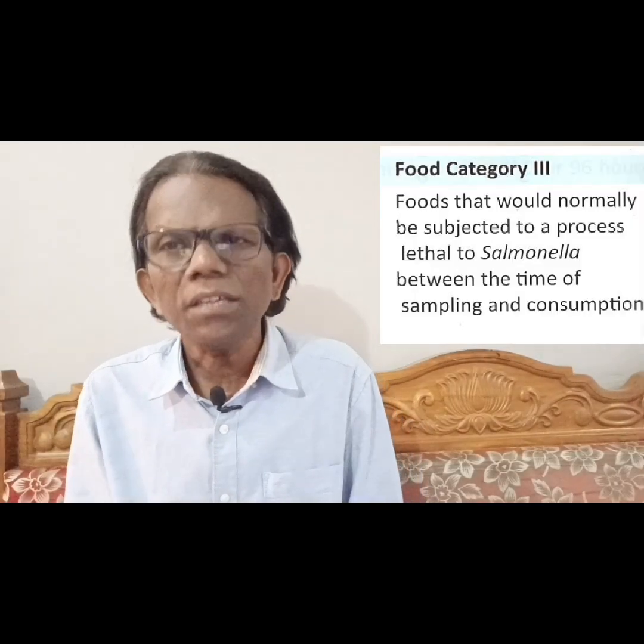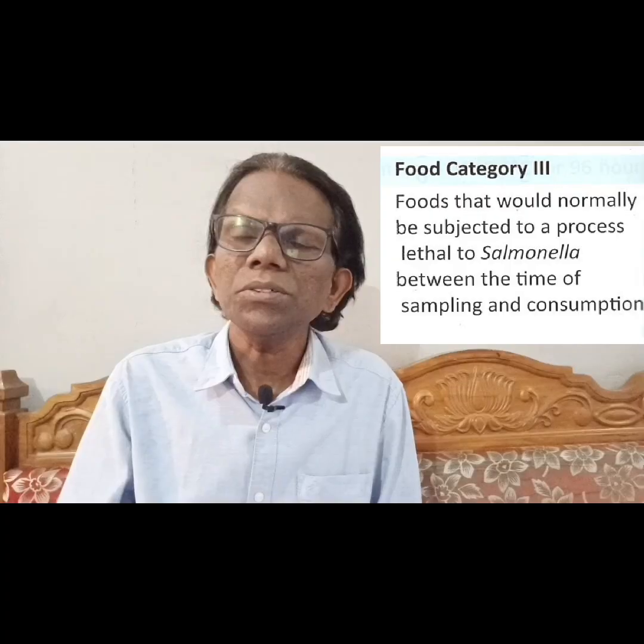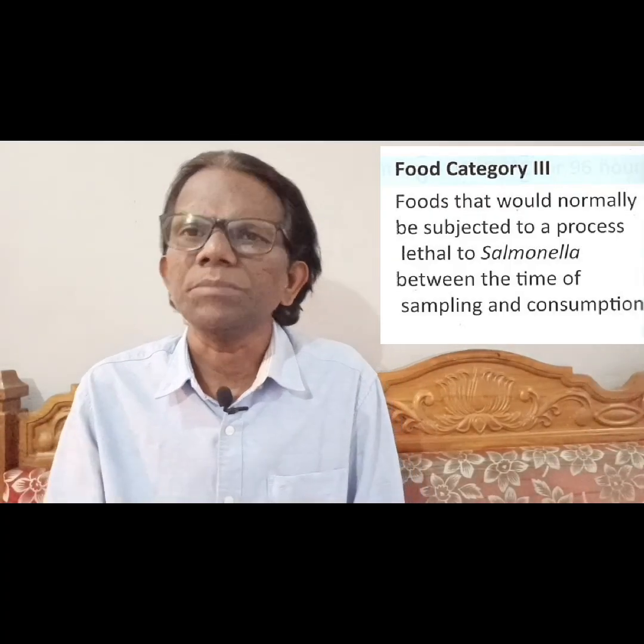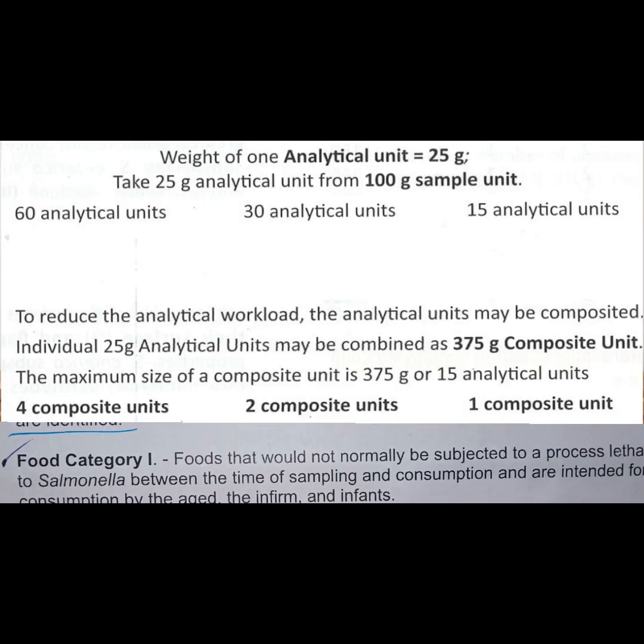The second category: foods which are also not normally subjected to a process lethal to Salmonella between the time of sampling and consumption, nothing but ready to eat products or cooked frozen products. And the third category: food that would normally be subjected to a process lethal to Salmonella between the time of sampling and consumption, meaning raw frozen products. So these are the 3 food categories.